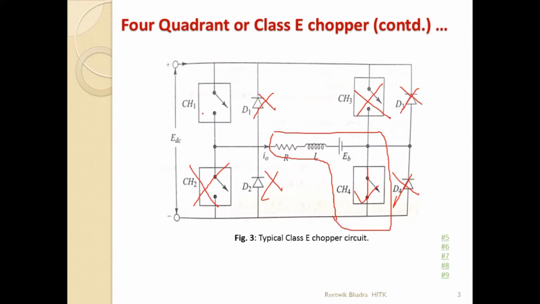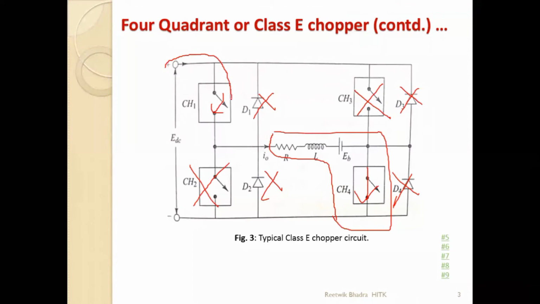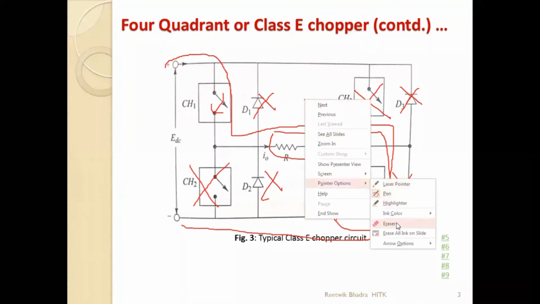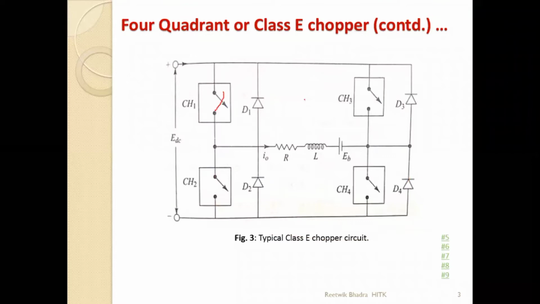Now this is on and off. So once it is on, current starts flowing from EDC plus, goes through CH1, through this load, through this CH4, back to the minus. If this is on, this is on, these are all open, so you can understand no current will flow elsewhere.